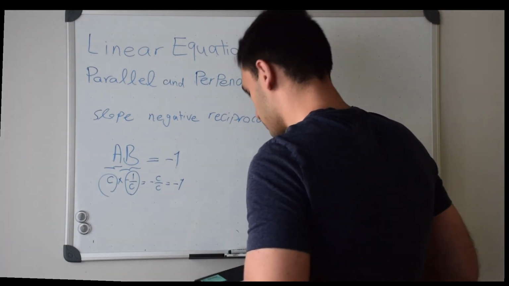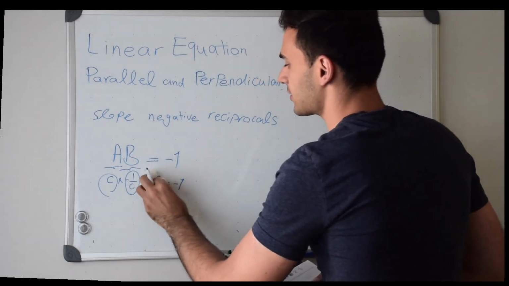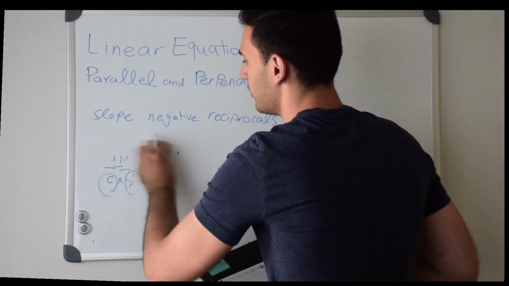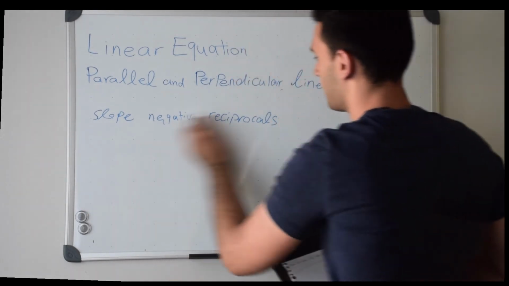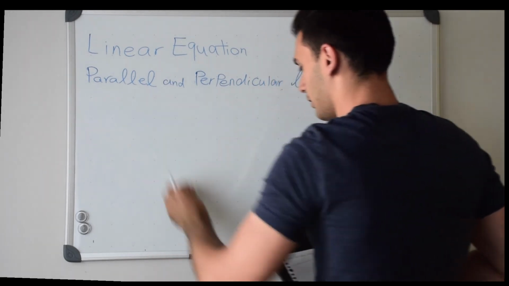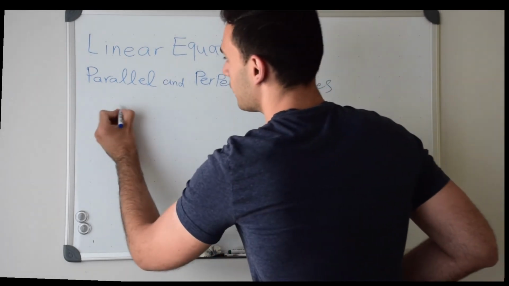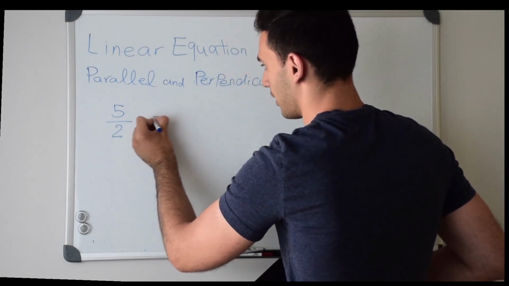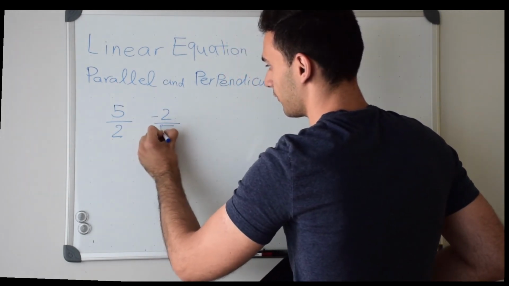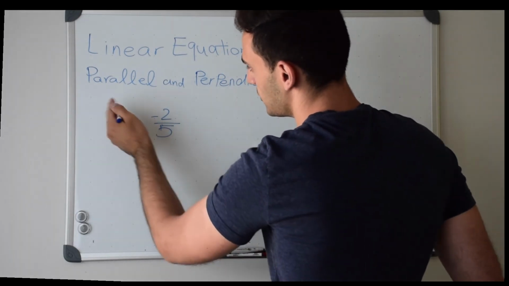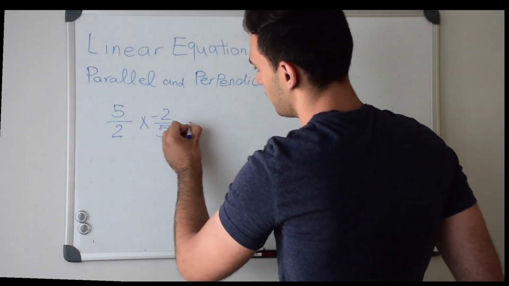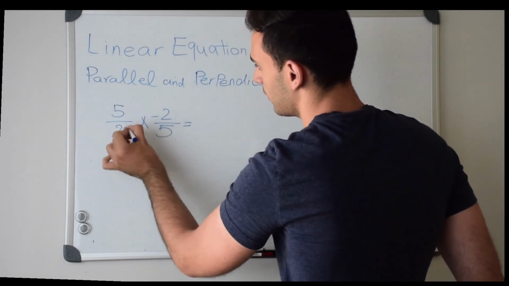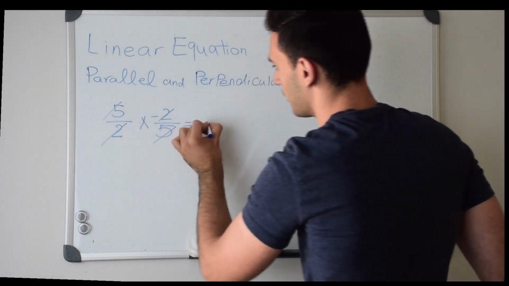The question is asking: draw two lines with slopes of 5 over 2 and -2 over 5. We know now that if you multiply these two numbers, you get -1.